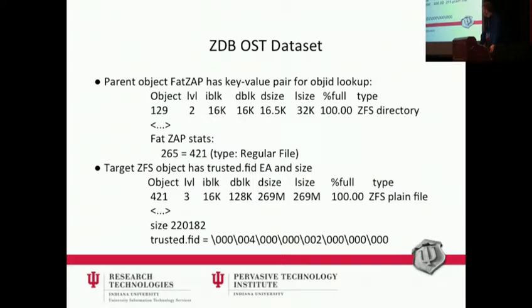So that's saying object ID 265 maps to ZFS ID 421. Then we go down to 421, and that has the size on it. So now we have all of the pieces necessary to put the size together, and the OST objects have the trusted.fid as well.